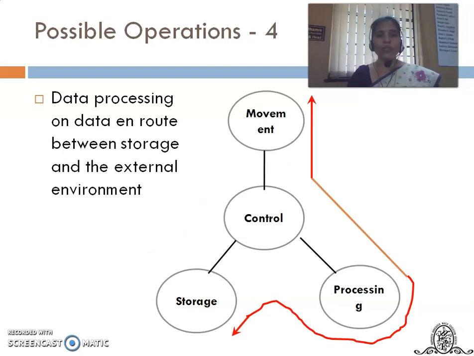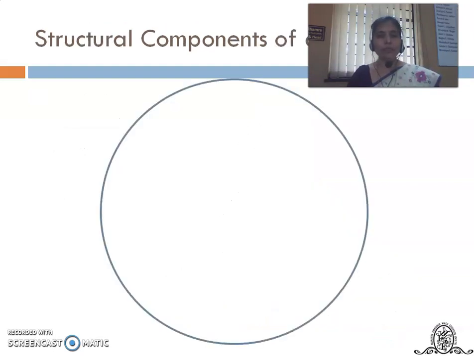The fourth operation is the user might fetch data from the external world, process it and store it, or the data could be fetched from the storage, then processed and then transferred to the external world. So this is the possibility of the fourth operation. And these are the only four types of operations which will be required in any computer system.